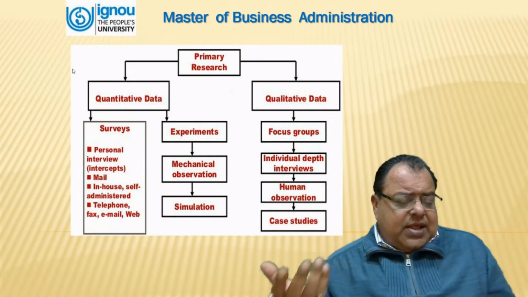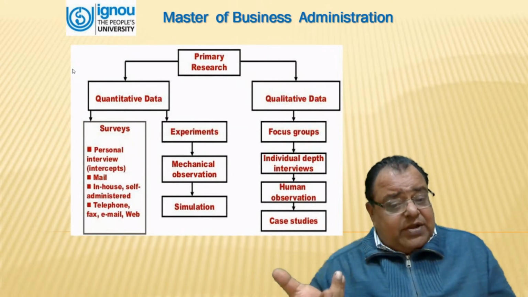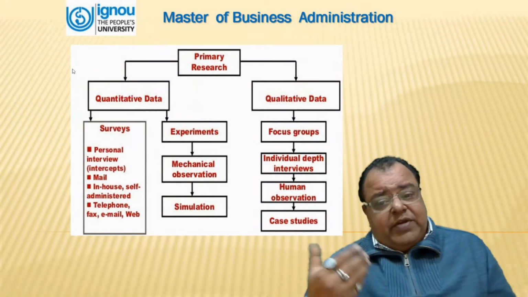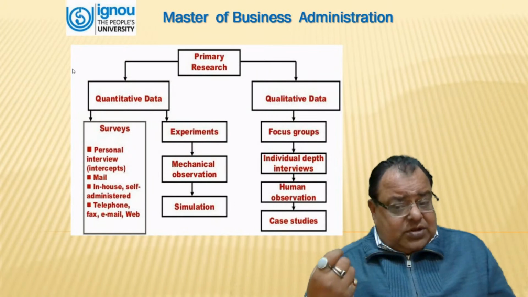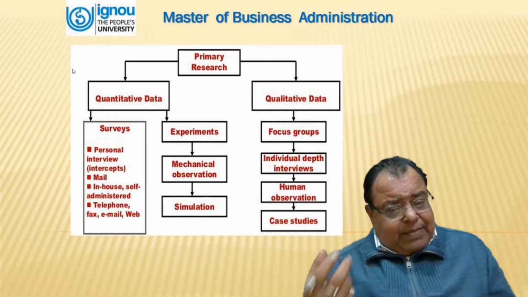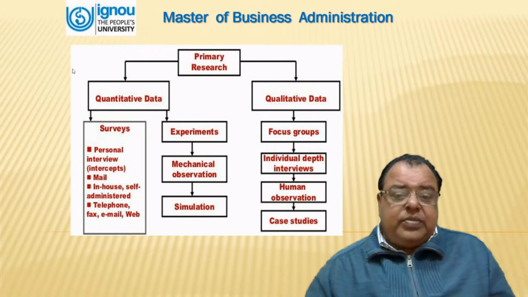And on the other hand, it can be experiments, mechanical observations, or simulation. If we talk about qualitative data, it is focus groups, individual depth interviews, human observation, case studies.